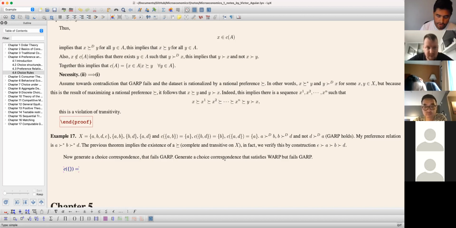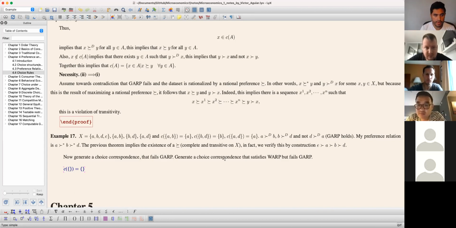Tell me the choice from a menu, and then we can build a simple pattern that breaks GARP. Of course, it should violate GARP and not be a simple one like a WARP violation.